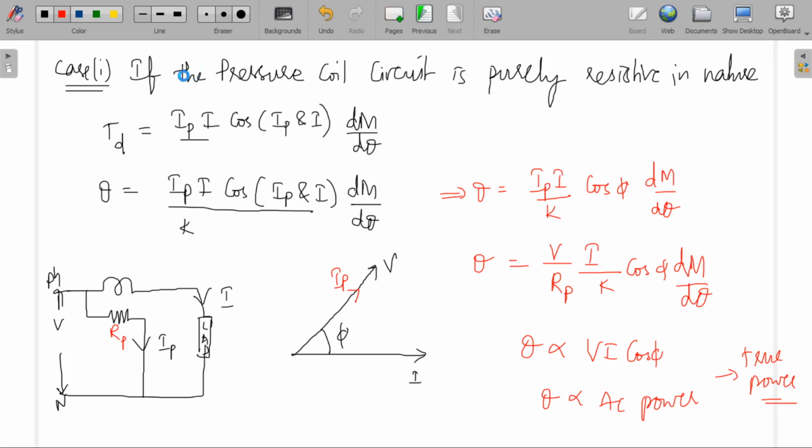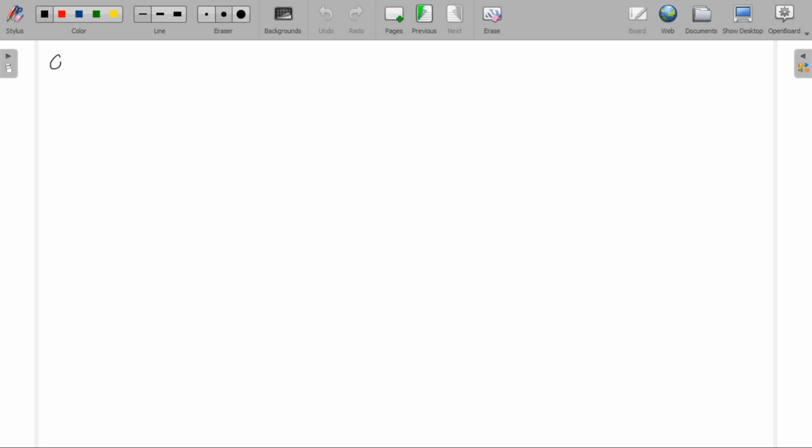Now coming to case 2, if I include the effect of inductance, what will be the power?